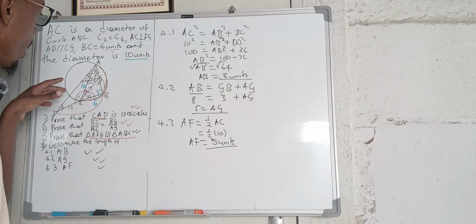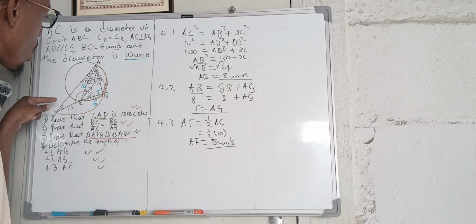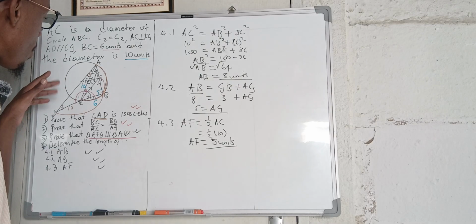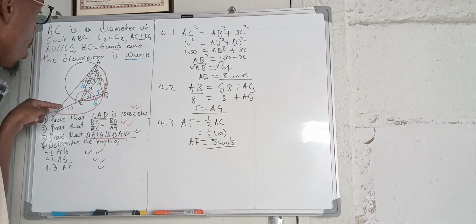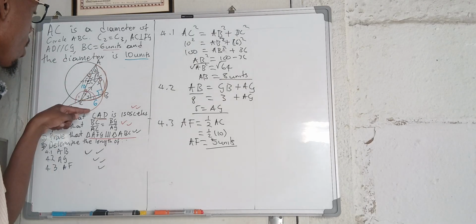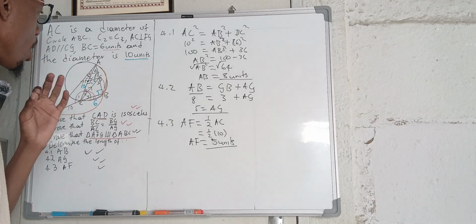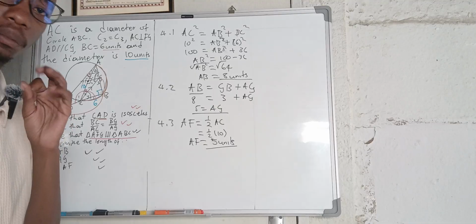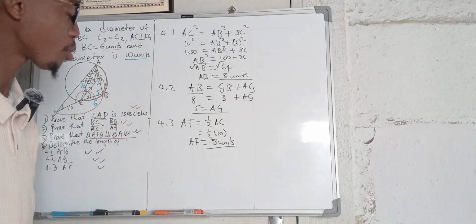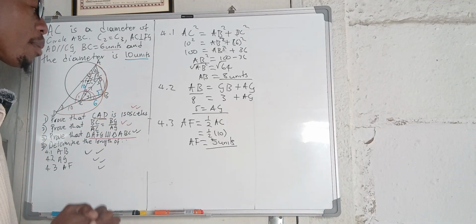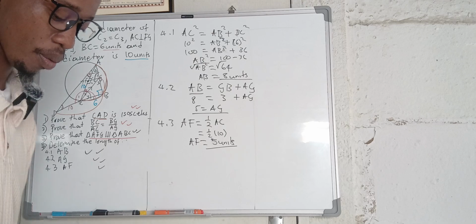So if they are parallel, that simply means GC is half of AD, and we can find both of them. We can find AD by the theorem of Pythagoras, because we have 8 there, we have 16 here. We find that, and then we find half of that to find GC. It's beautiful stuff. You guys, just do the perfect thing and practice. You won't go wrong. Trust me.